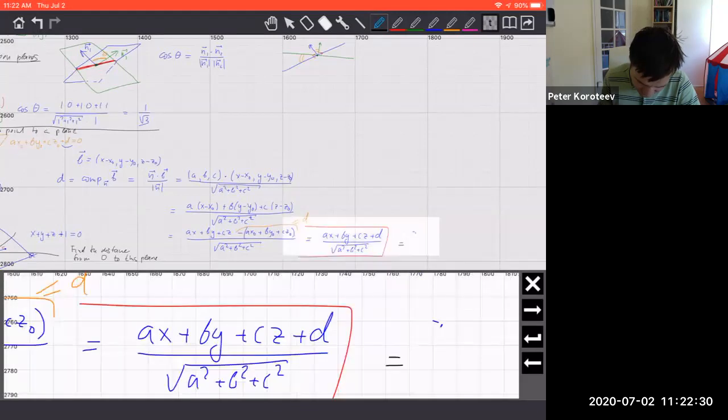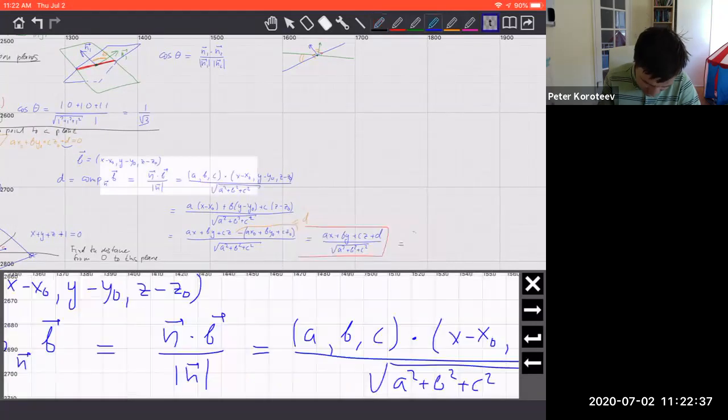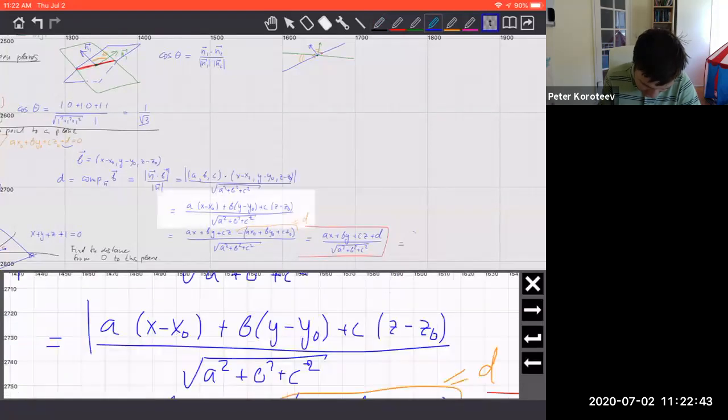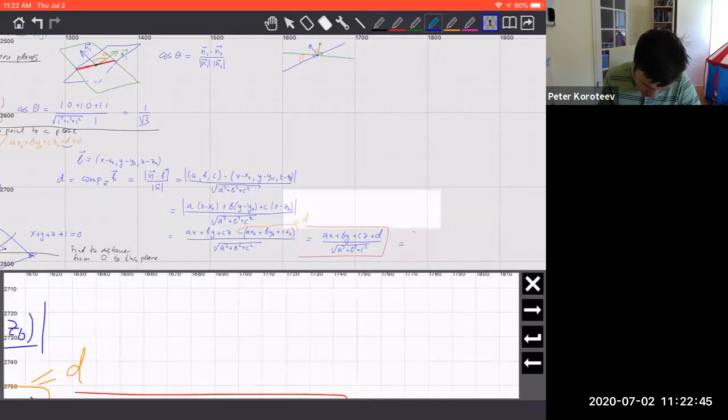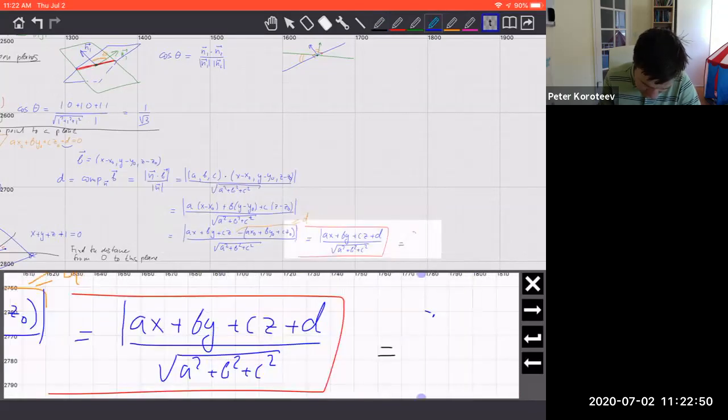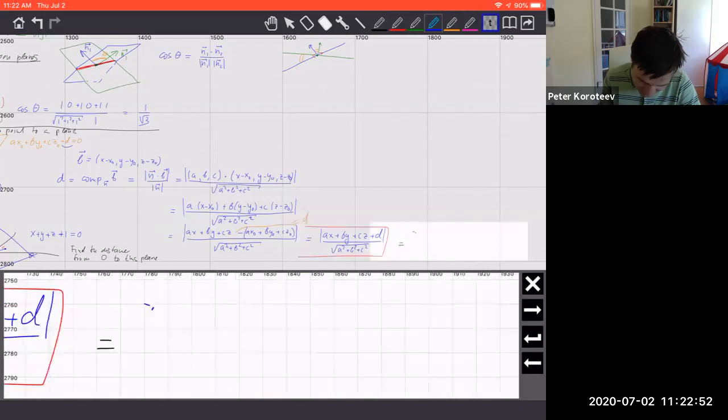And actually I forgot something important here. There's an absolute value, right? So here you see that the distance becomes negative. So it has to be an absolute value because it's a scalar projection. So d can be negative, as is the case here.